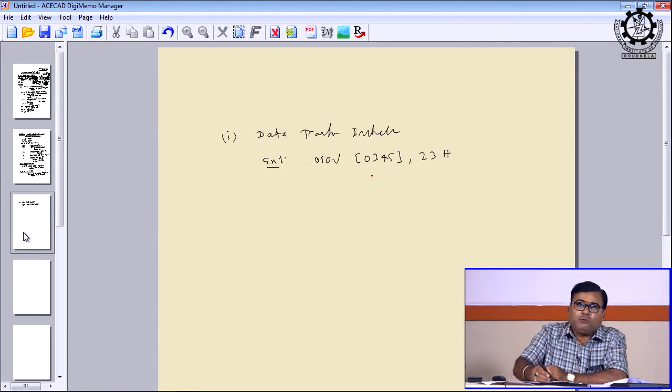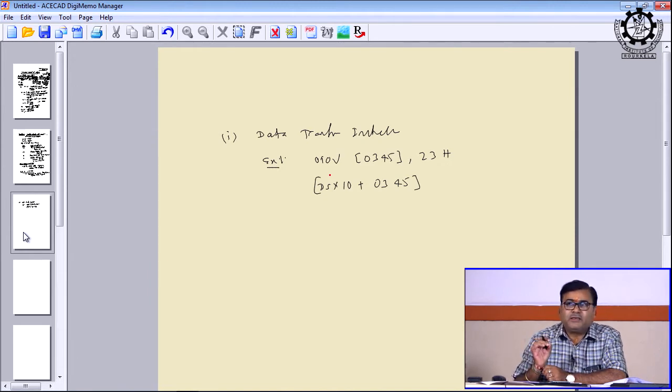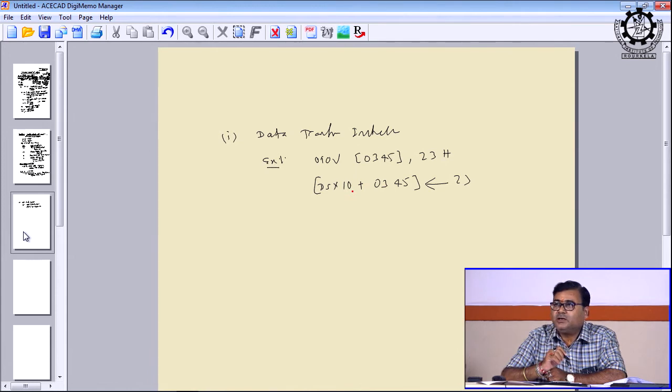So, how do we get the actual address? DS times 10H plus 0345. Take the content of the data segment register, multiply it by 10H, then add 0345, because 0345 is the displacement present in the instruction, and this 23 will be transferred to this location. Is it clear?